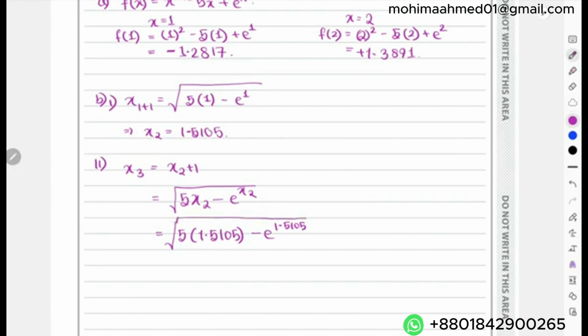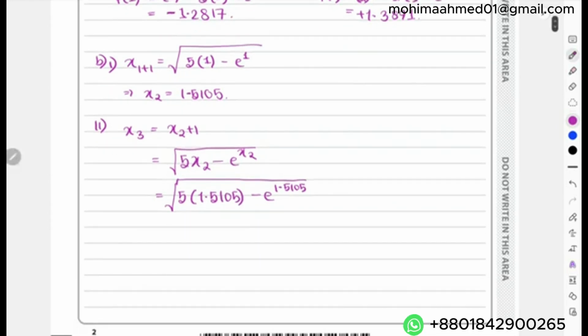So again, if you calculate it, you'll get the value of your third term, which is x3. Okay, so you get 1.7388.